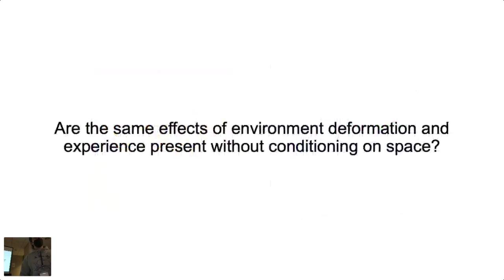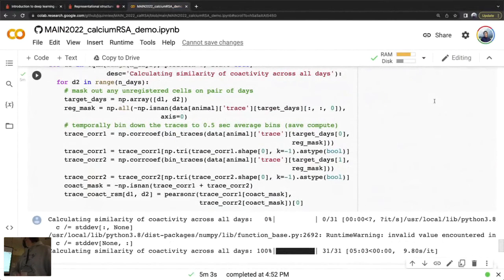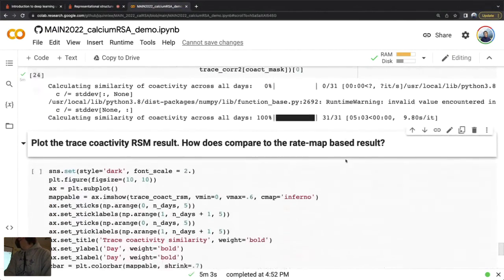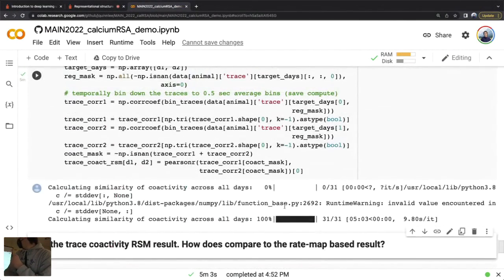But are the effects the same if you don't use rate maps? Do you get the same measures and effects if we look at the trace coactivity? So I think the time is nigh to do that. So I've just iterated through all the pairs of days and did this coactivity-based analysis.